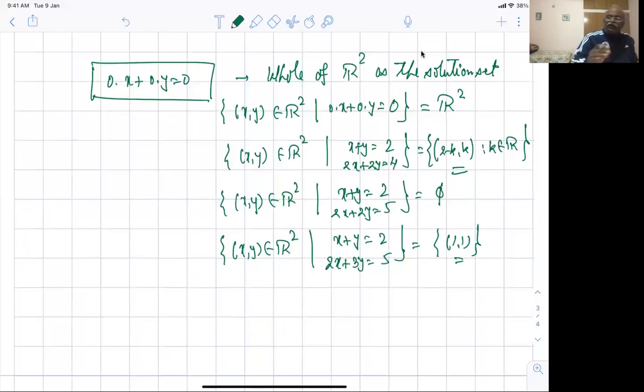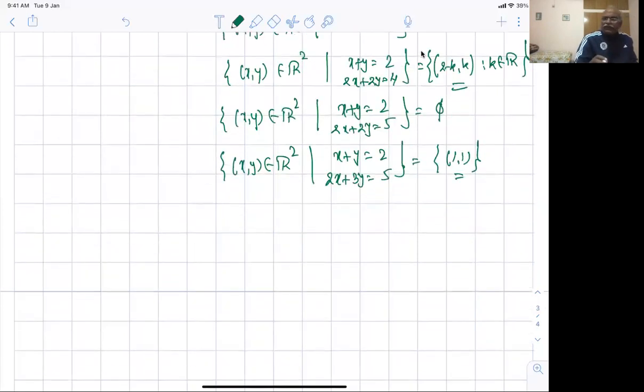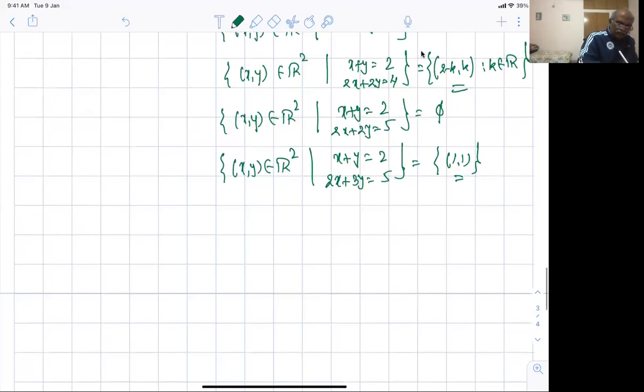Now you already know how to solve it. You have done it for 3 by 3 also. I'll not get into that part. What I want you to understand is, let us look at this last one, and then from there build up this idea. So if I look at the last one, I can write x plus y is equal to 2 and 2x plus 3y is equal to 5.